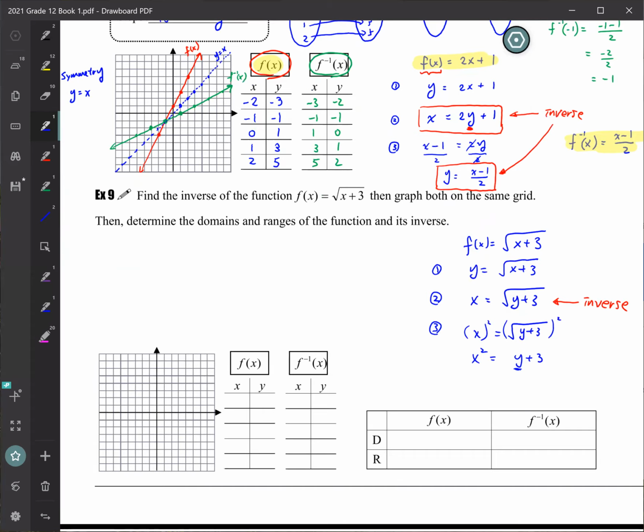We want to isolate the y, so which part do we need to move over? The x squared. I want to keep the y on the right side. So which one doesn't belong to the right side? The 3. Yeah, so I want to get rid of the plus 3. How do we do that?